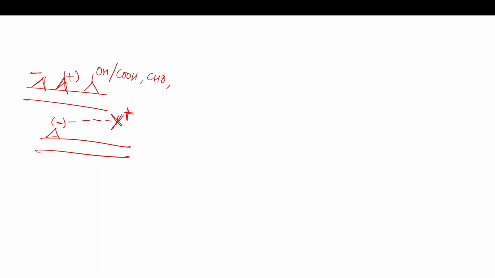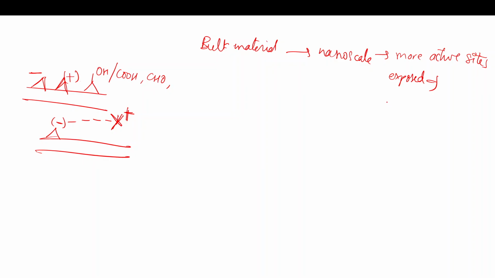Now, let's say these are the active sites which are responsible for adsorption. When I convert the bulk material to nanoscale, it will have more active sites exposed, resulting in higher removal efficiency of pollutants.